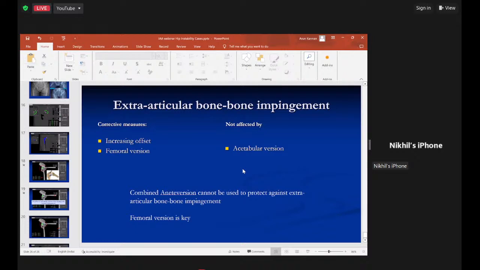And in almost every case that will sort out your extra-articular impingement. The problem with offset is you can offset it to a certain degree, but women particularly don't like over-offset hips. They really moan and they're really in pain.